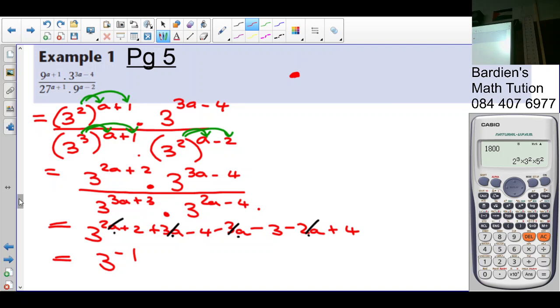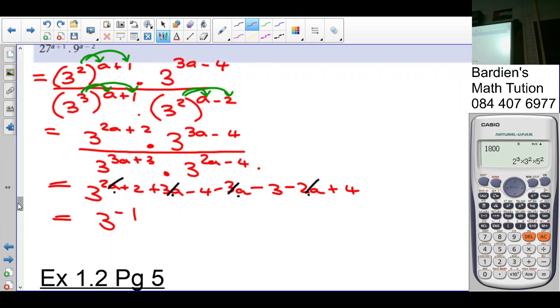You say, okay. But 3 to the negative 1 can be written as what? So what's the last step going to be? To simplify. So the answer is going to be 1 over 3.